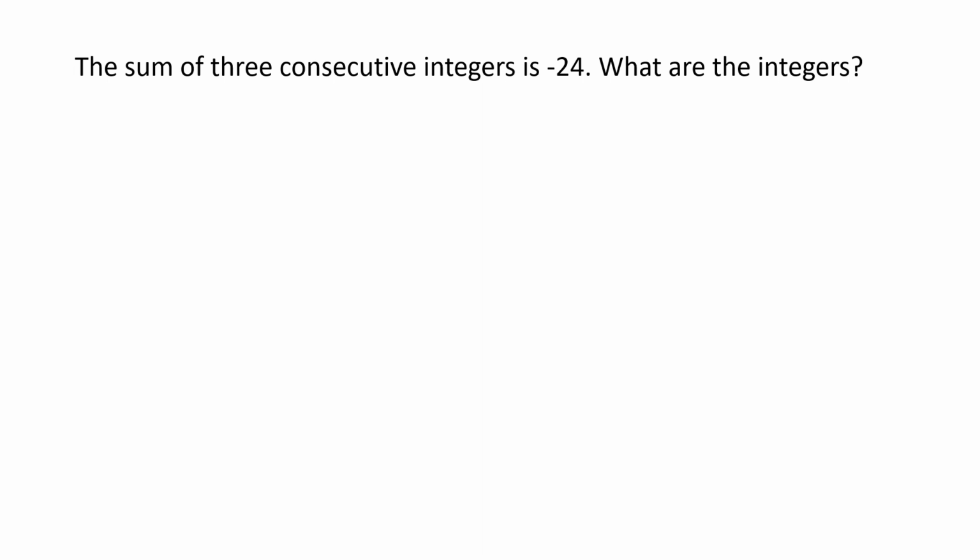What are the integers? The first thing you need to do is label 3 consecutive integers. So think for a second and decide what you think those would be labeled. All right, if my first one is always x, then my next consecutive integer would be x plus 1, then my next one would be x plus 2.